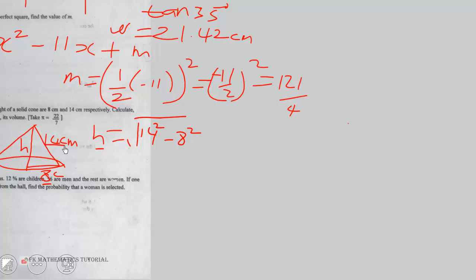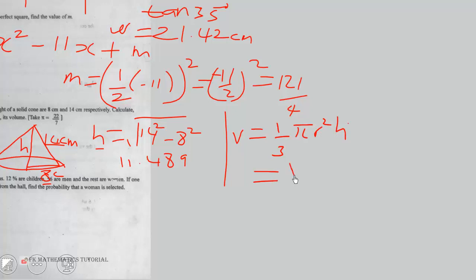Now we make h the subject to get that. So 14 squared minus 8 squared should give us 11.489. So if you want to find the volume, it will be equal to 1 over 3 pi r squared h.